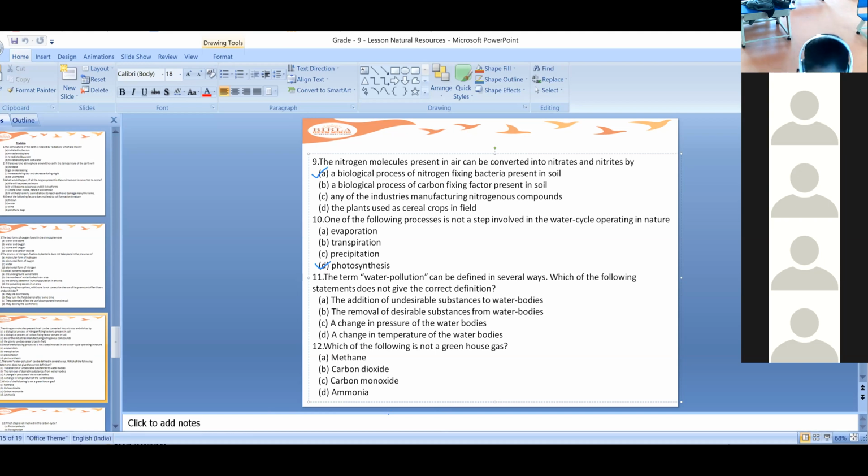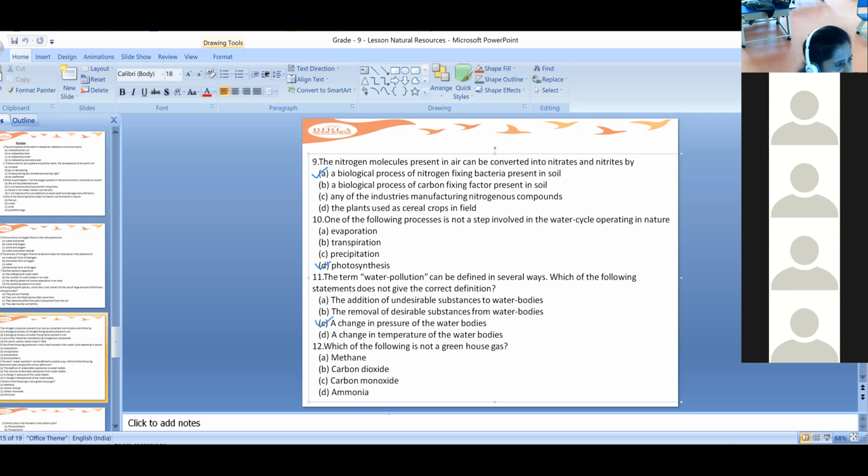Coming to C, the change in pressure of water bodies. So this statement does not give a correct definition, isn't it? Change in pressure does not affect the water bodies. So it is not the correct definition.